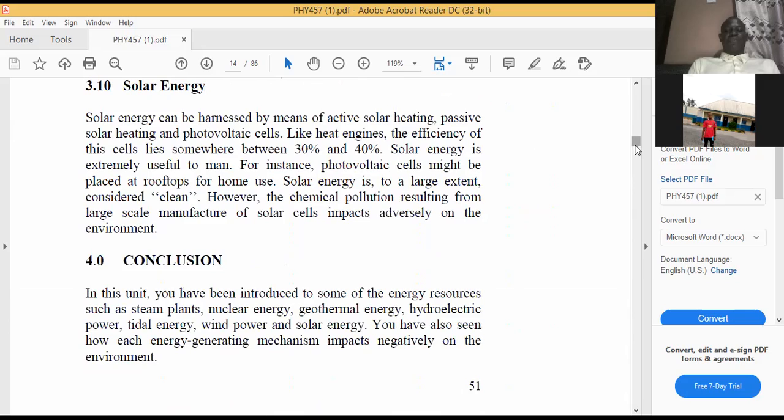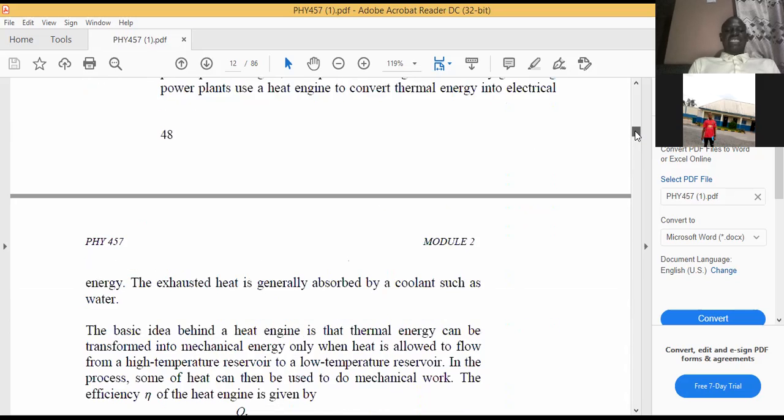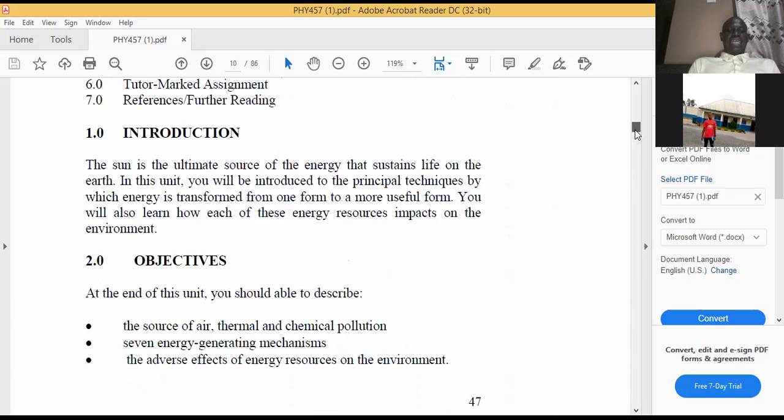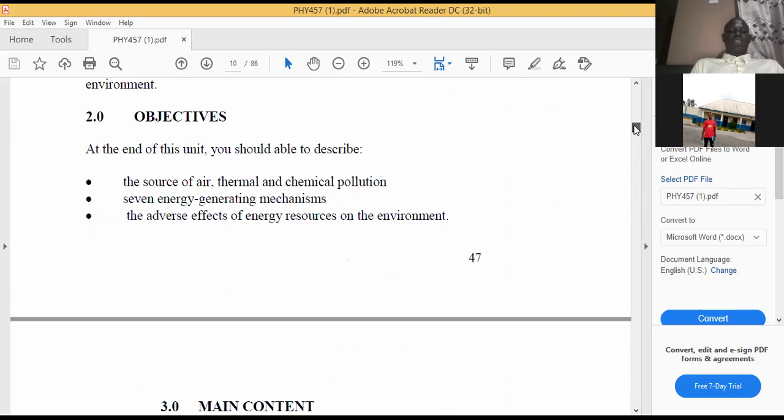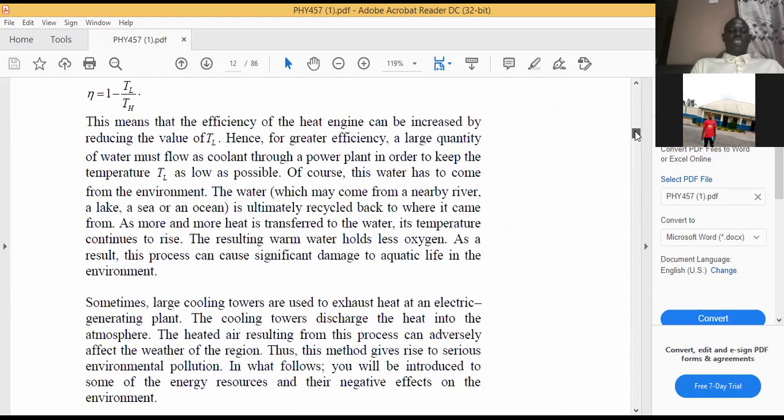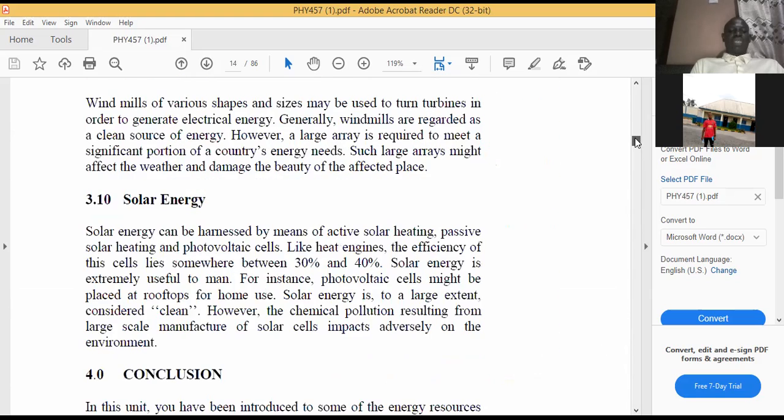Those are the seven energy generating mechanisms. So the one before it are just the sources of air, thermal, and chemical pollution.